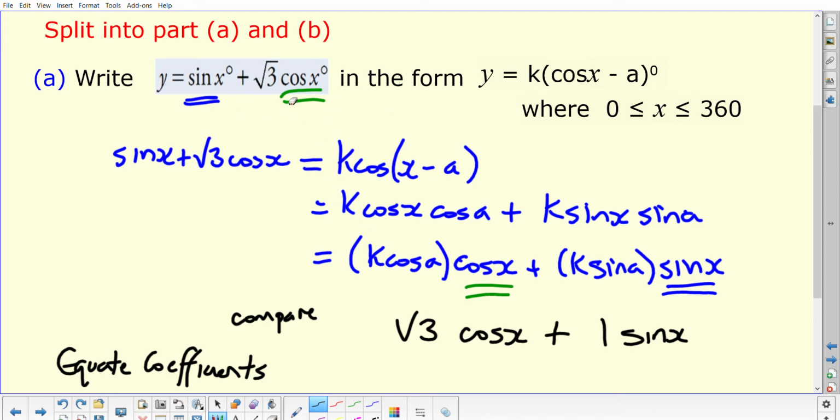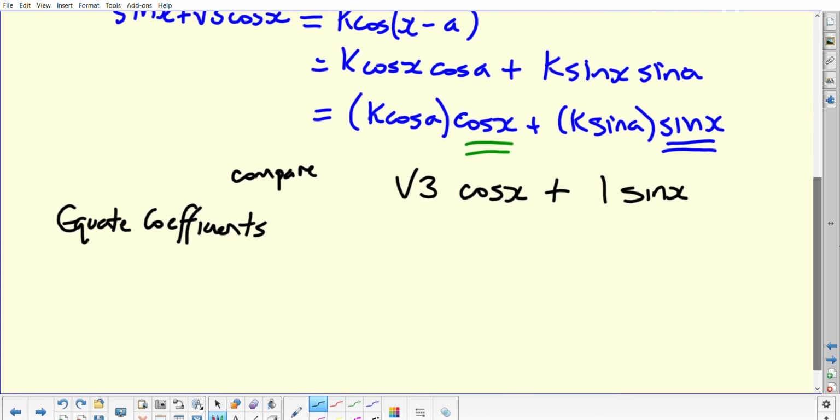Be aware that the order of the terms does matter. So root 3 is what your k cos a needs to be, and your k sin a is equal to 1.